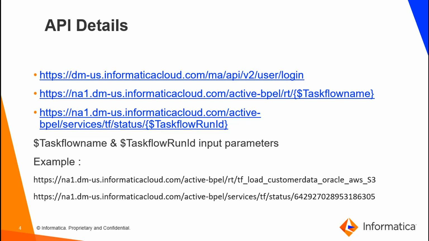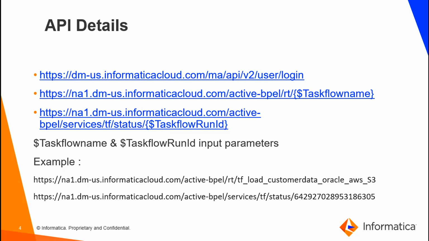The third API is based on the second API. Whatever Taskflow run ID I get as an output, I'll be passing that run ID to the next API to get the status. As an example, I have given the Taskflow name and the Taskflow run ID as input parameters. You can see this example.